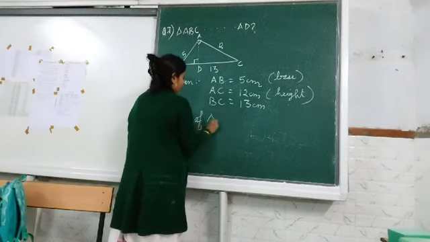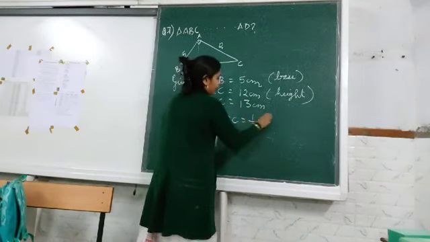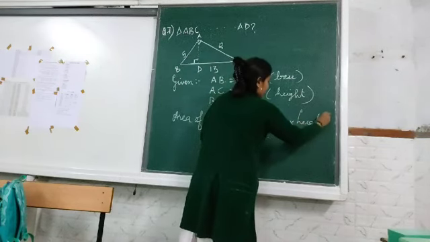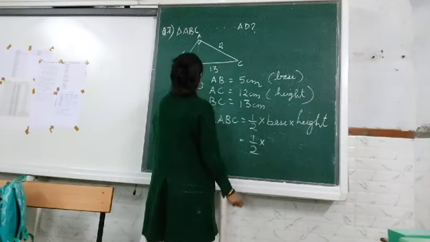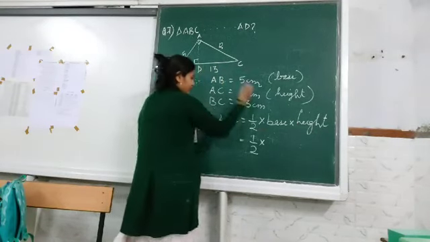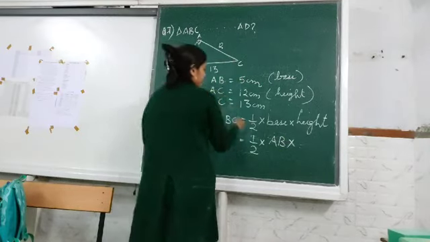Area of triangle ABC is equal to half base into height, which is equal to half into, what is the base? Base is 5, that is AB, and height is AC.